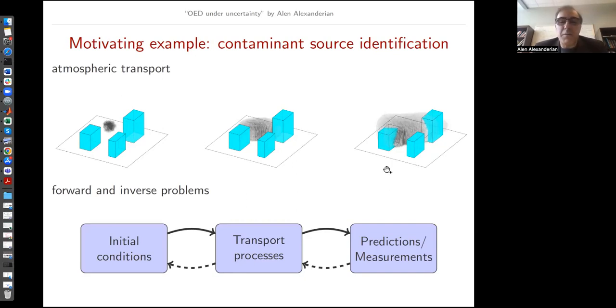That would be the forward problem. In an inverse problem, I would take some measurements of the concentration later in time, and then the inverse problem of interest is to see if we can go back and estimate where the source of the contaminant was. So estimate the initial state. That would be an inverse problem.